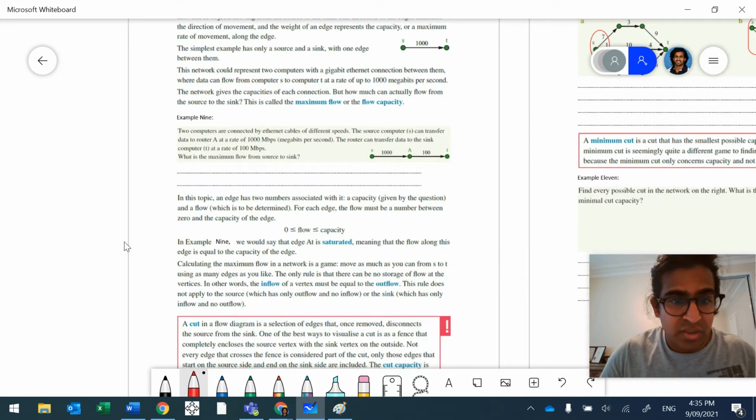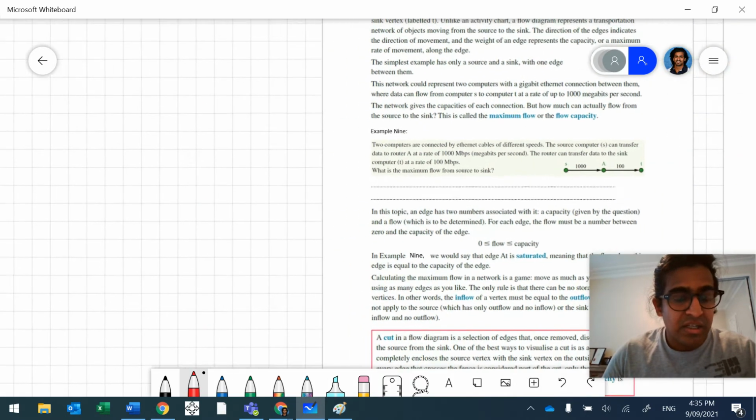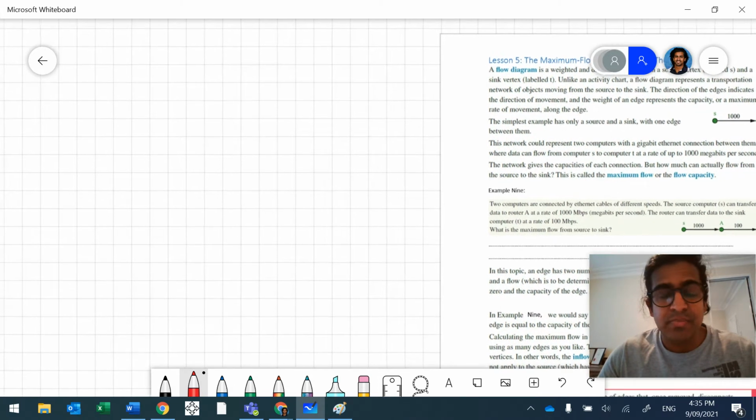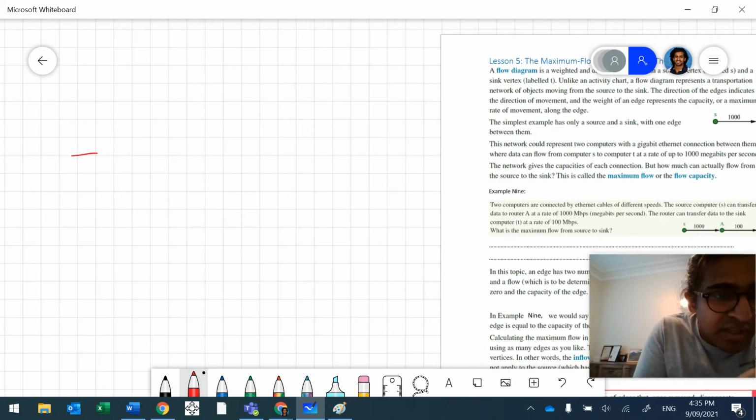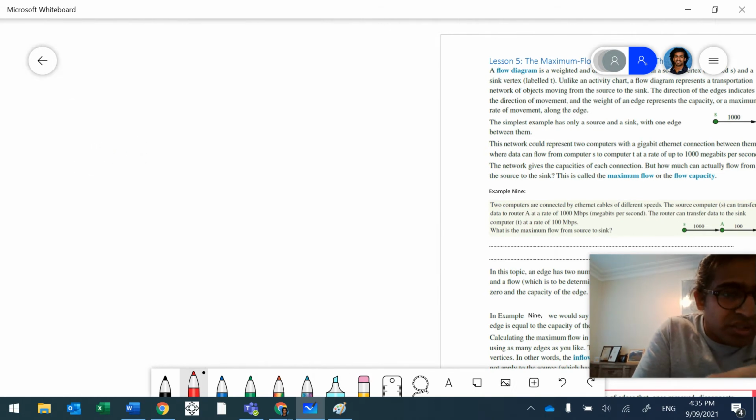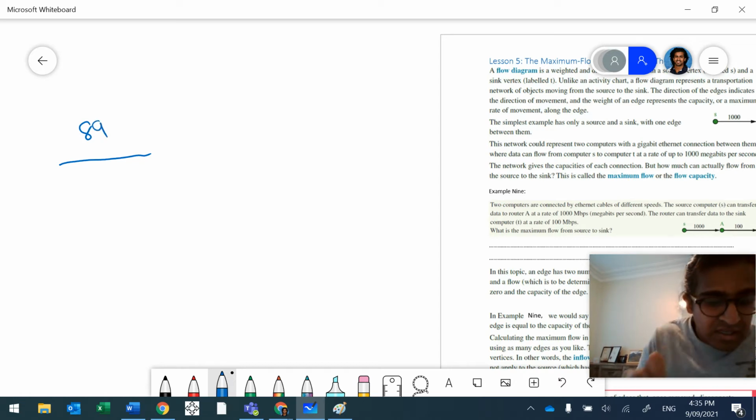What we can do is draw this up as a very simple network diagram. We've got our first edge, which we'll do in blue, which has a capacity of 89.